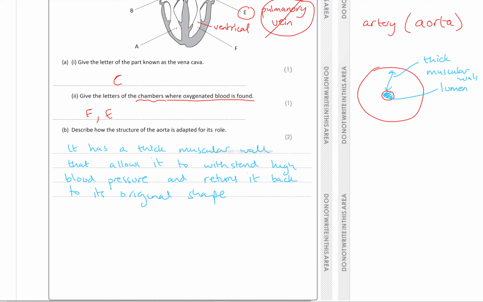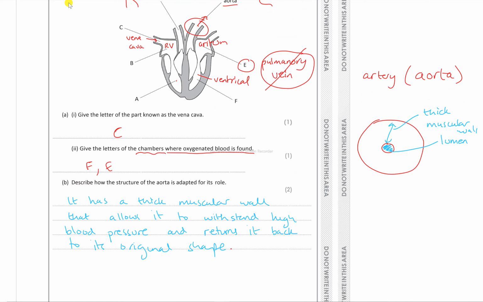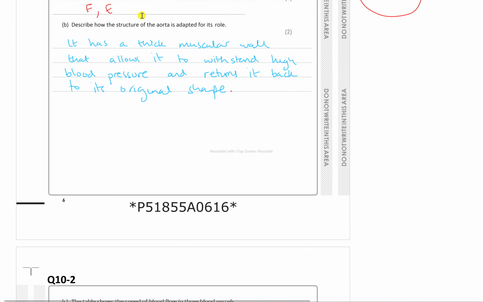Right, what they've also added here is, as the blood is leaving the chamber, it has a valve to prevent backflow. So it also has a valve at the start, not inside it, to prevent backflow.